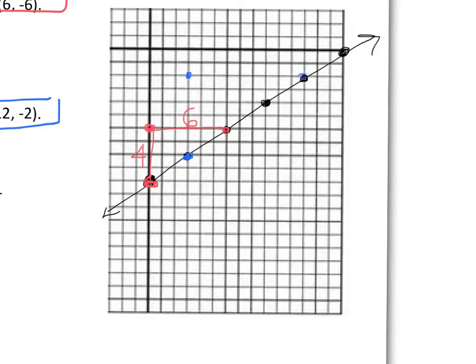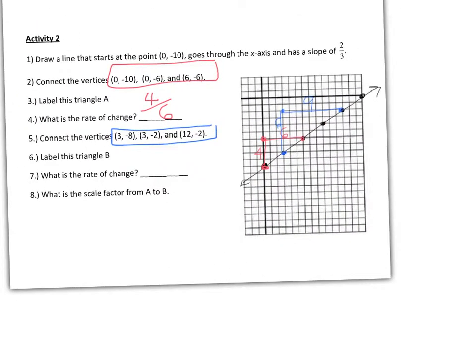And 12, -2. There is my other shape. I'm going to do the rate of change of this shape. I'm going up 1, 2, 3, 4, 5, 6. So this is going up 6 and over 1, 2, 3, 4, 5, 6, 7, 8, 9. So the rate of change of the other shape is 6 over 9.